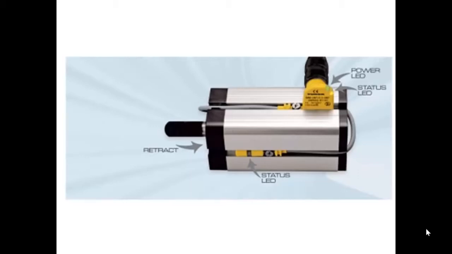And inside of this cylinder is a piston, and at each end of the cylinder is a port. If you put compressed air in the front, it pushes the piston to the rear. If you put compressed air in the back, it pushes it to the front. What's of interest for us as controls people are the 2 sensors.